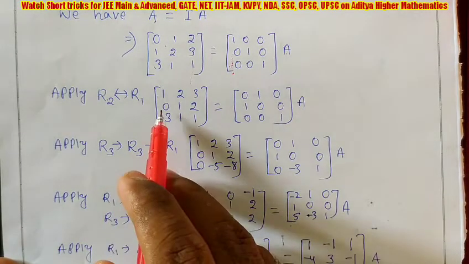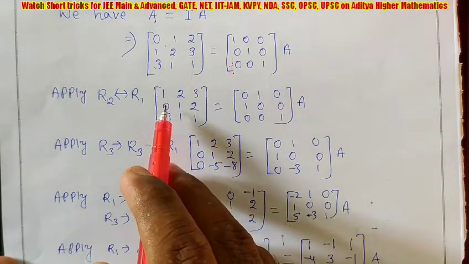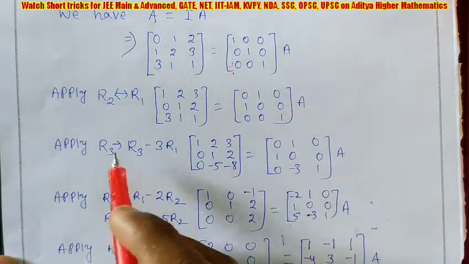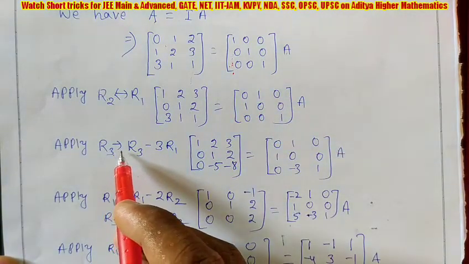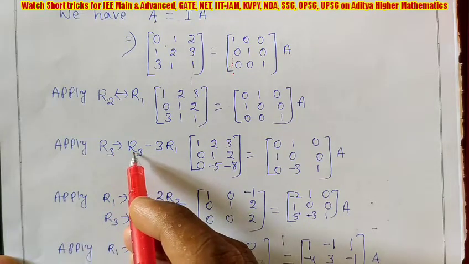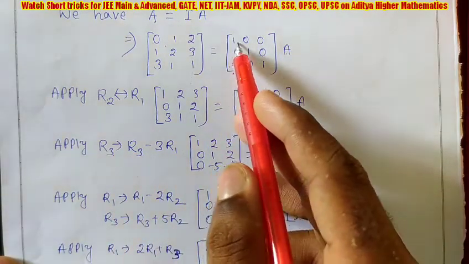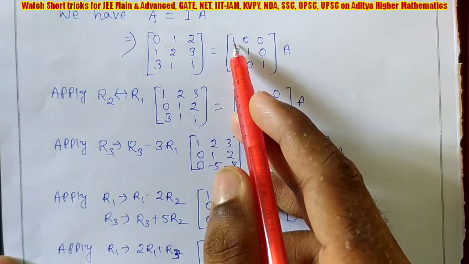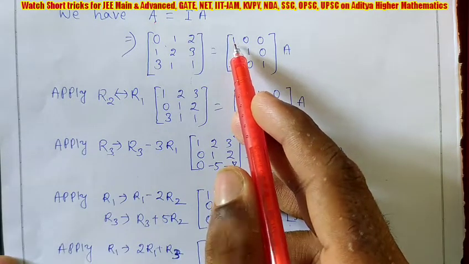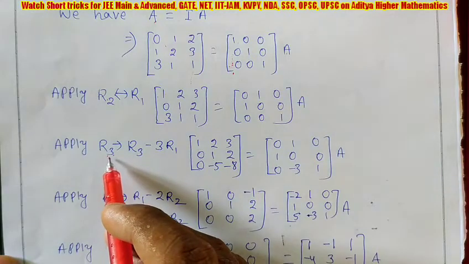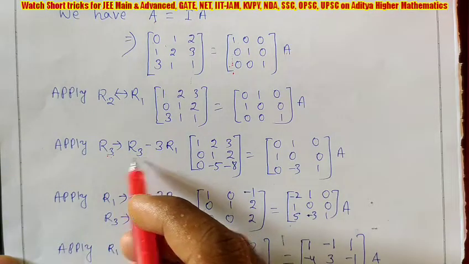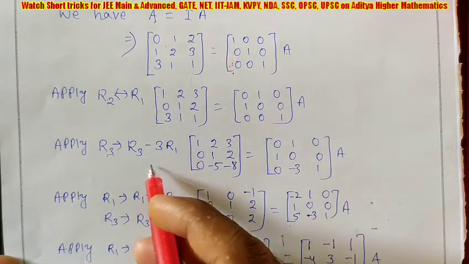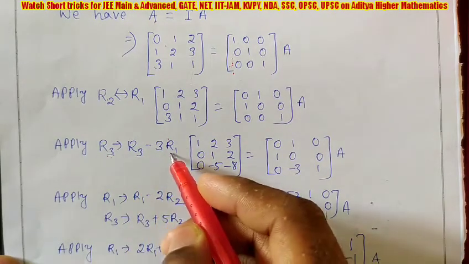After that we are getting R2 as 0. Next we have to make R3 zero in the first column. So write R3, and in the first column see which element is non-zero. That means the R1 element is non-zero. So the row you are changing, you write first, that means R3, and the row which is non-zero you write in the second place.